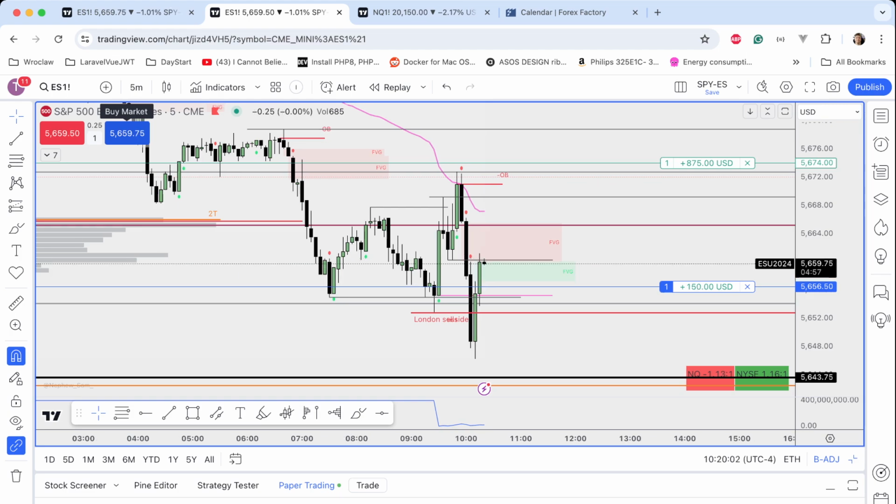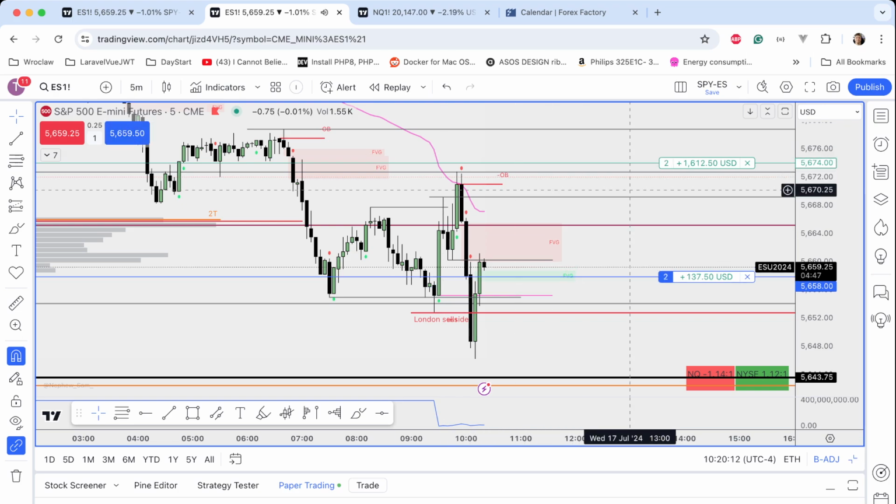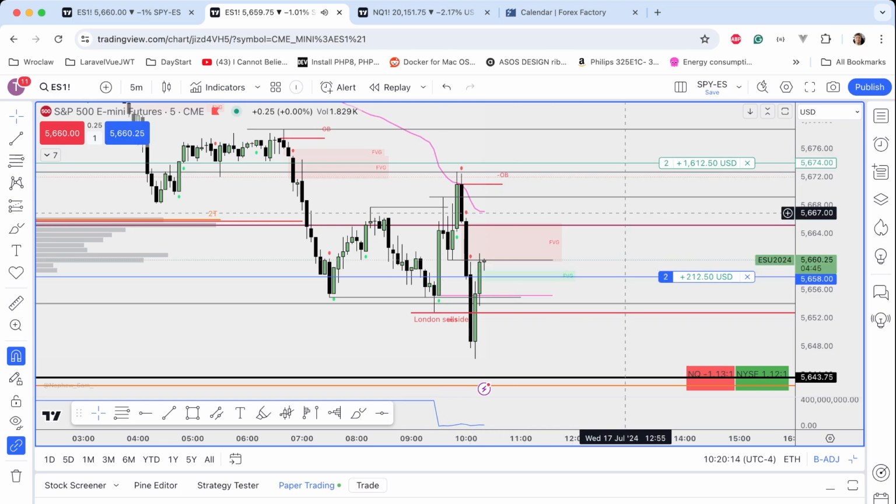Alright, so we got a fair value gap here now. Bullish. I'm going to add into that, and I expect a pretty swift move high.